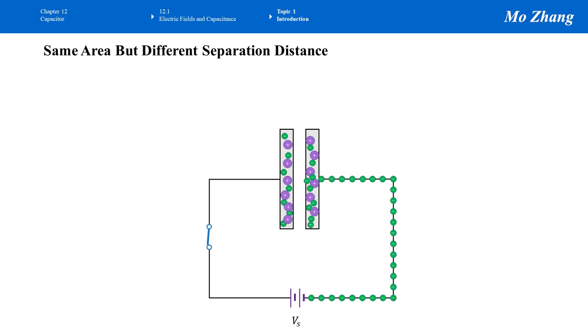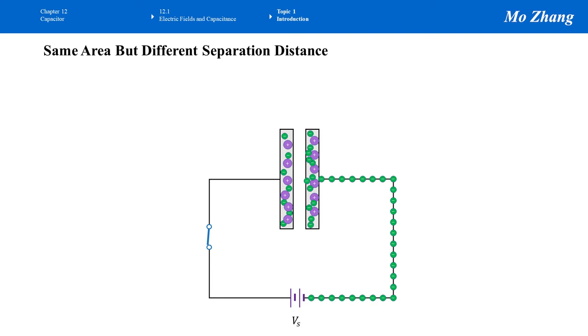More electrons are accumulated and enter different regions on the plate. But those electrons cannot penetrate because it's air, the insulator, between the plates. They just cannot flow from one plate to the other side.